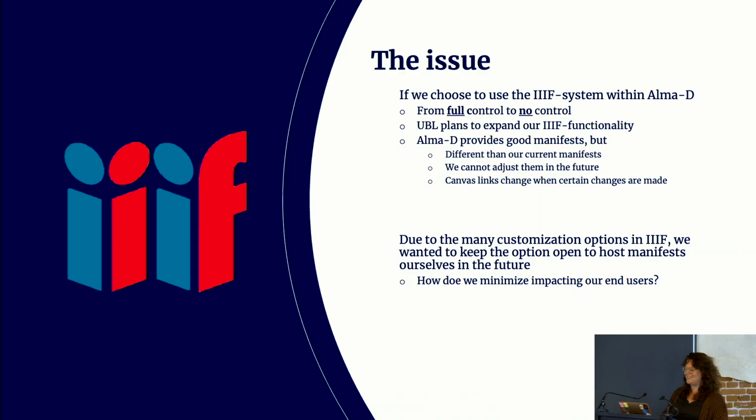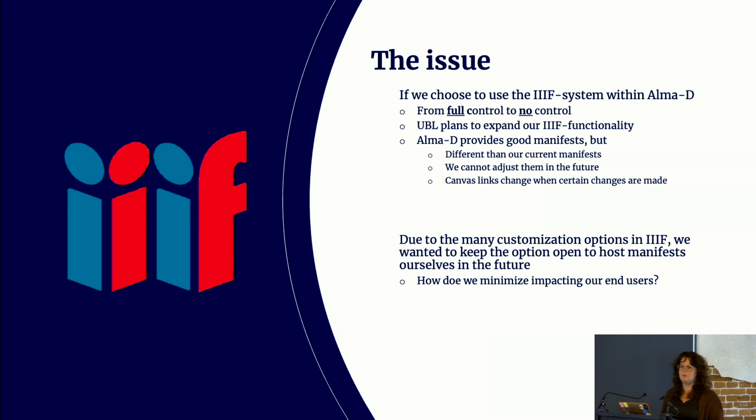There is obviously an issue, otherwise I wouldn't be here. The issue is that now we have, because we do everything ourselves with IIIF, we are in full control. And it really is the ambition of the UBL to expand, so not just make the manifests and provide them, but incorporate more functionality like annotations.